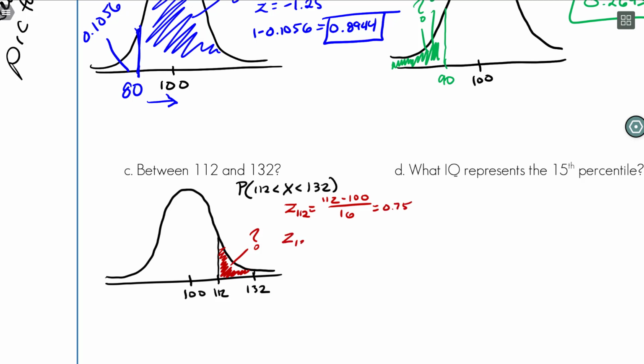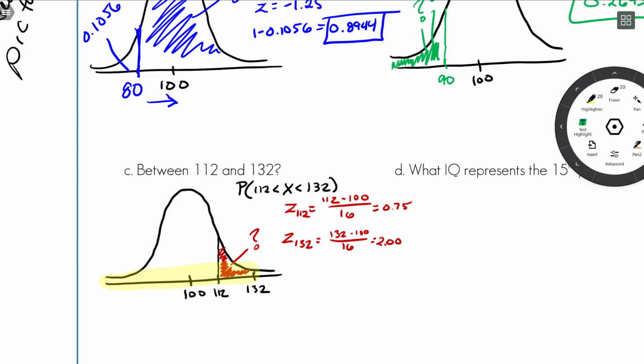Now our z-score at 132. So we got 2 z-scores. Well, what we can do is, knowing that our z-table is going to give us the proportion of everything to the left of a certain mark, what we can first do is find what's the proportion of everything to the left of 132.